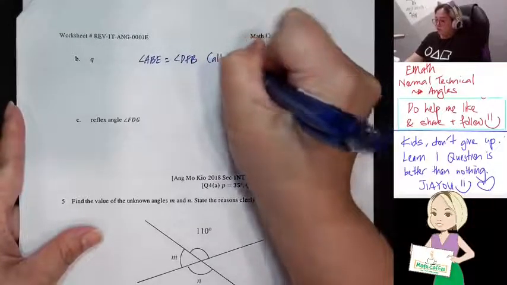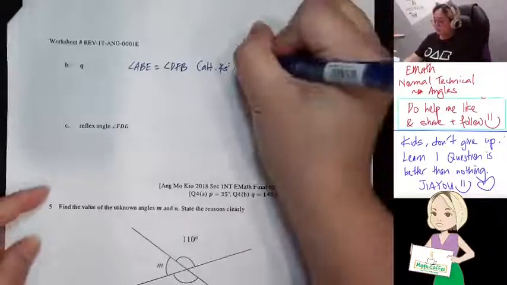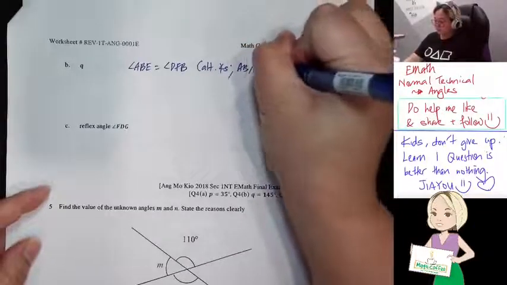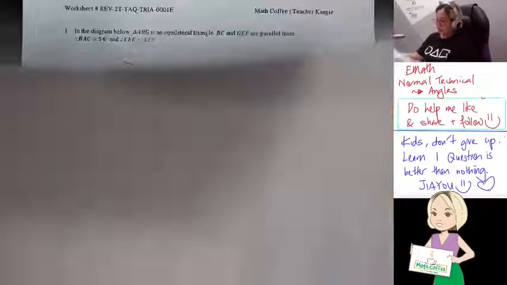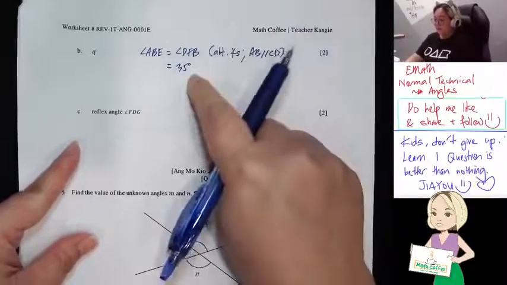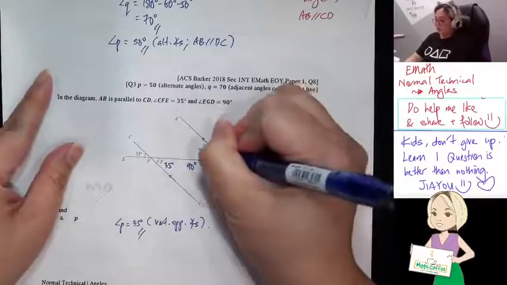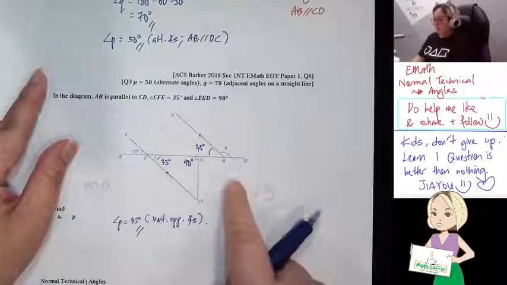Because it's alternate angles. And you got to state the parallel line, AB parallel with CD. And it is equals to 35 degree. That's not the straight away answer, because this only helped me to find this angle over here, which is 35 degree. My task is to find Q.